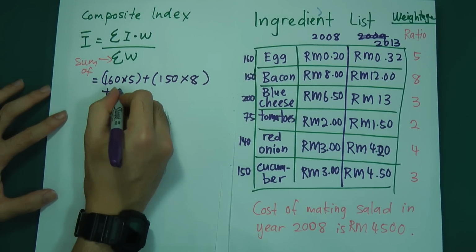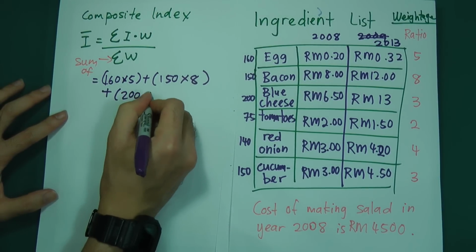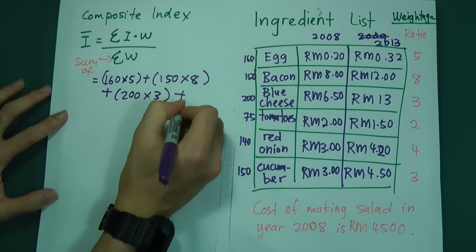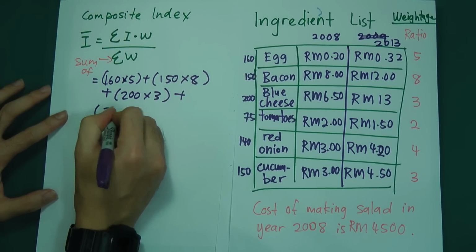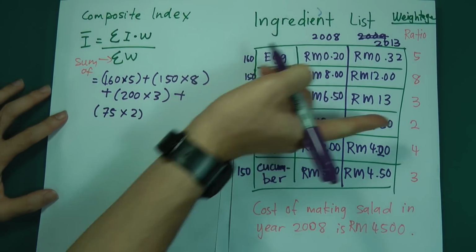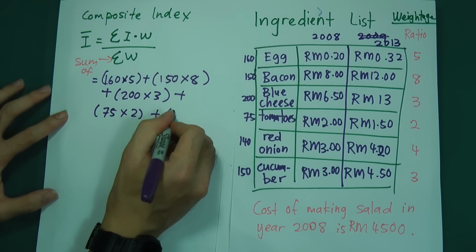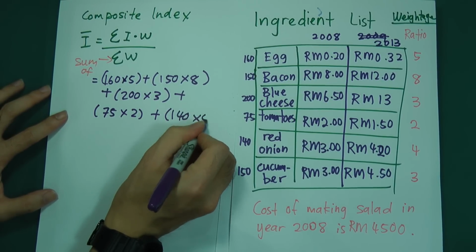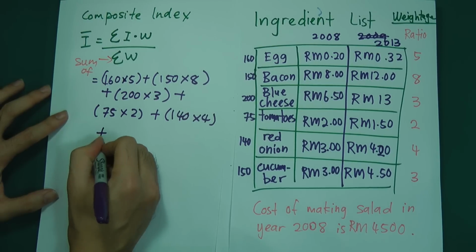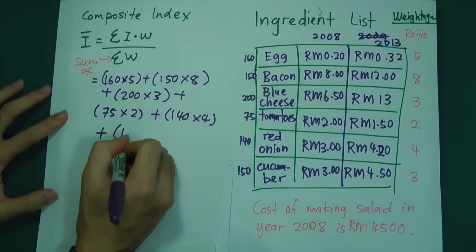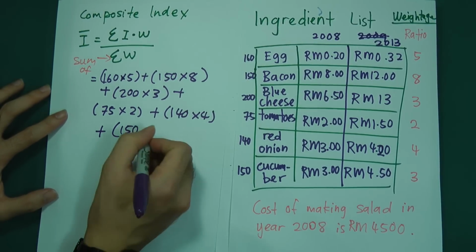Plus the blue cheese is 200, ratio is 3. Plus the tomato is 75, ratio is 2. Plus the red onion, index number 140, ratio 4. And then plus cucumber, index number 150, ratio 3.